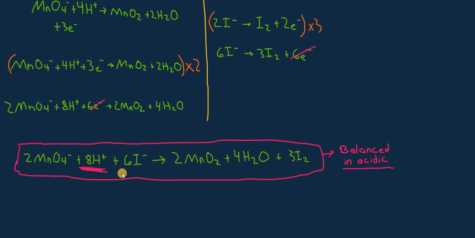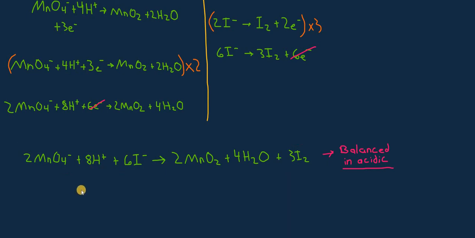But let's take this one step further, and let's balance it in basic conditions. To do that, you would do all the previous steps the same way. You would still balance the equation in the same way. But when you get to this step here, you'll have to do a couple more steps to balance it in basic conditions.